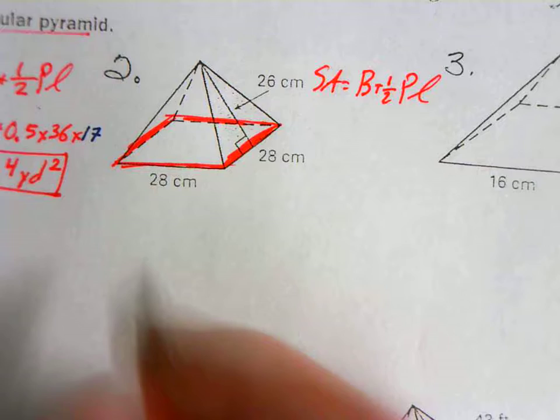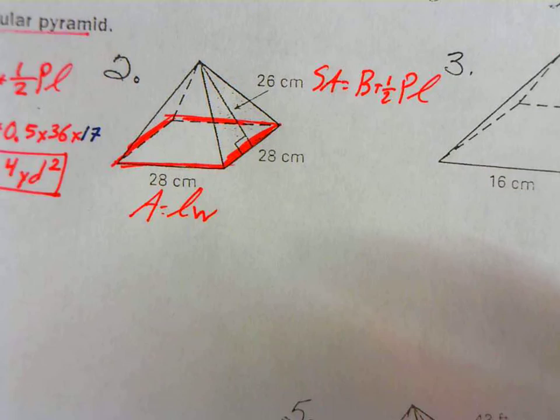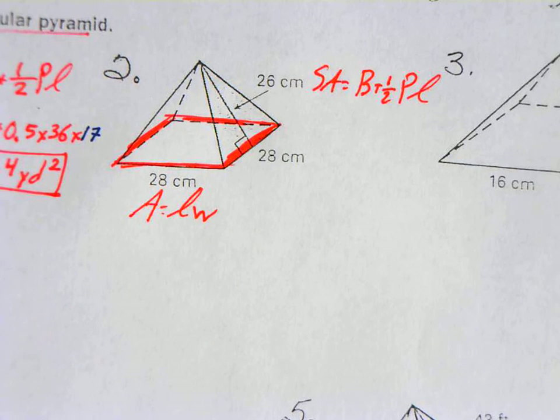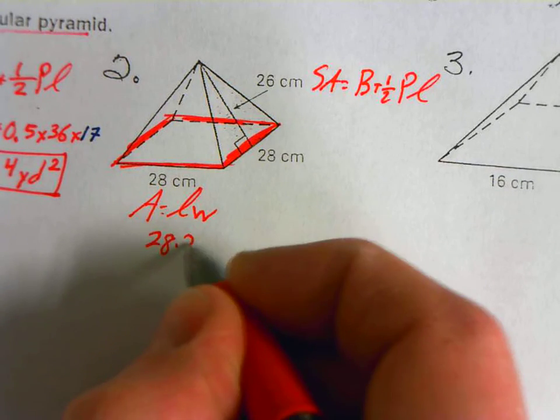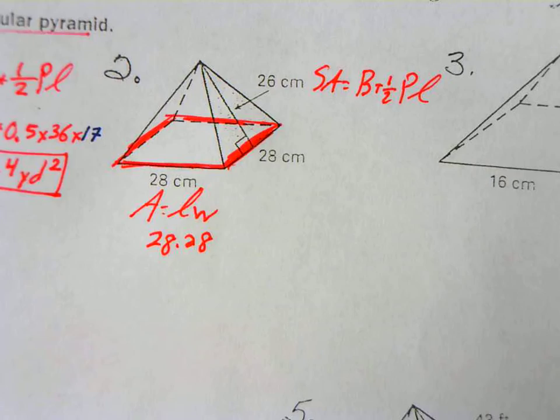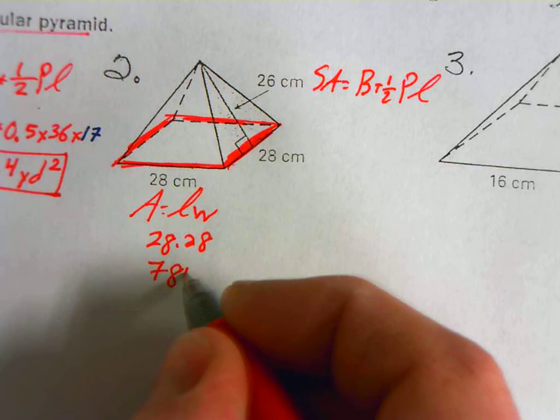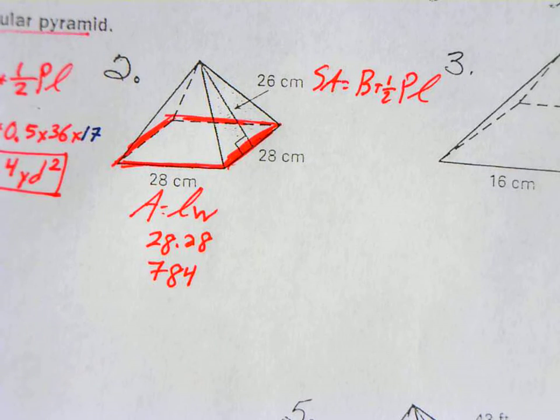The shape of the bottom is, in this case, a rectangular square. Is a square by definition. So you put in the formula, length times width, and then you do that. The length, 28. The width, 28. 28 times 28, 784.